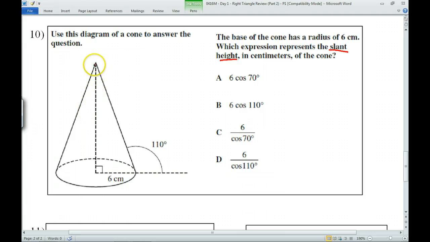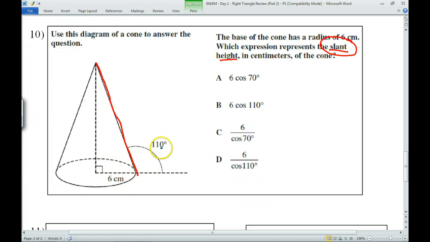Do you think it's the altitude right down the center, or do you think it's the hypotenuse right here? Well, based on the word slant, we know that it's going to be the hypotenuse down the side of this triangle. So that's the length we're trying to find.